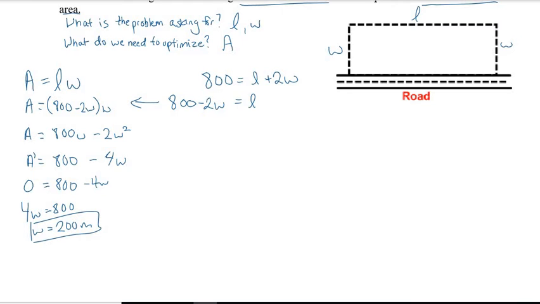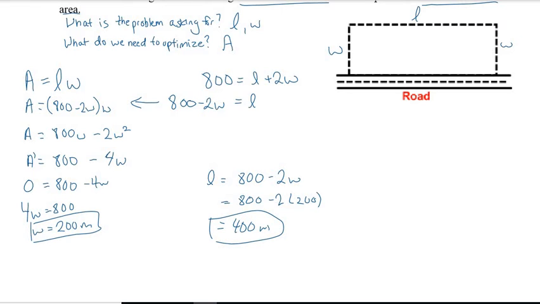So then we just have to find the length because that's the other part that's asked for. So length is equal to 800 minus 2W, or 800 minus 2 times 200, or 400 meters.